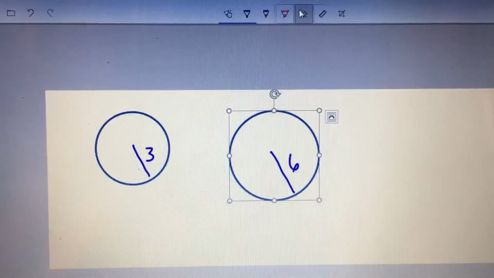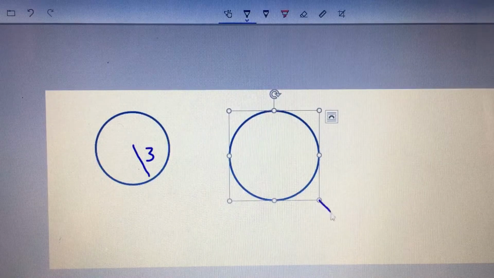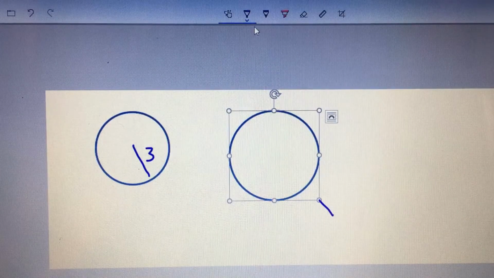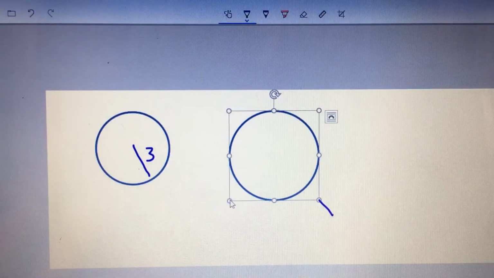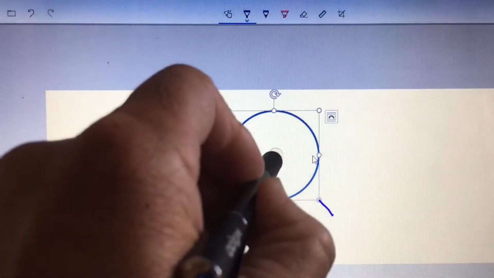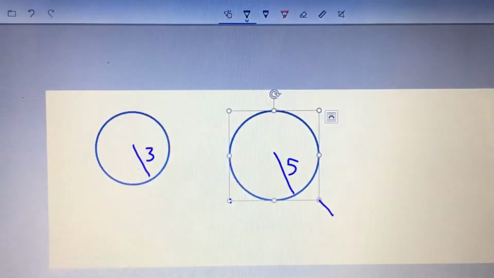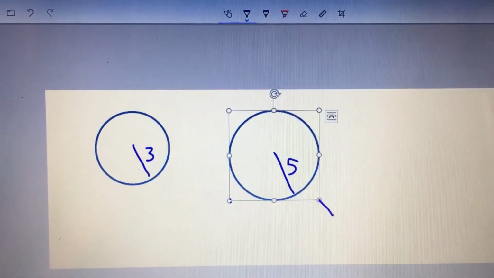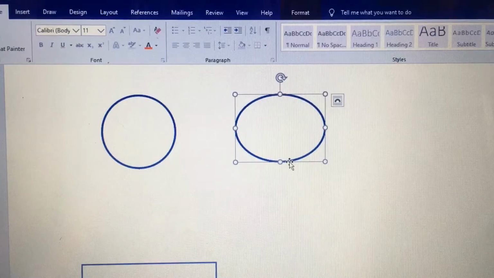If it was not quite twice as big, maybe it would be like a 5:3 ratio or something. But the key is that it's still a circle. If I did anything like this and made it look ovalish, then all of a sudden they're not similar anymore.